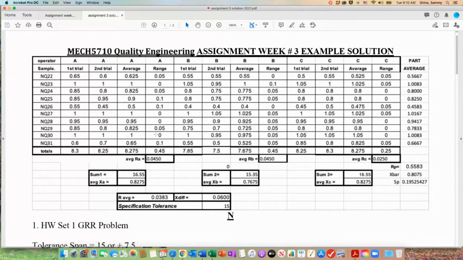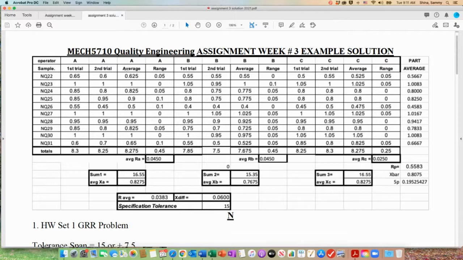And that's what we see here in the solution for week 3. So we see operator A measuring the 10 parts, and we call the first measurement trial 1, and the second measurement trial 2.